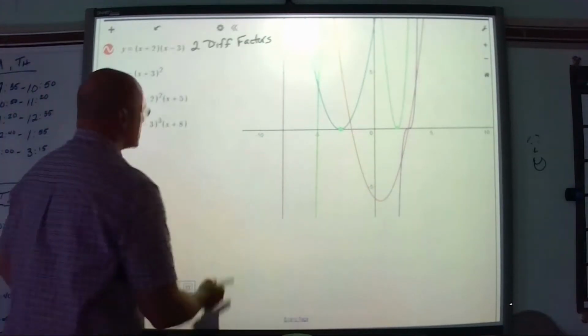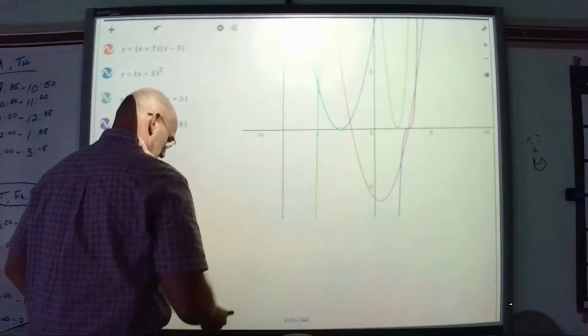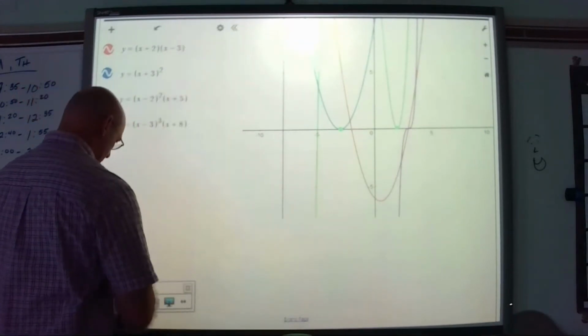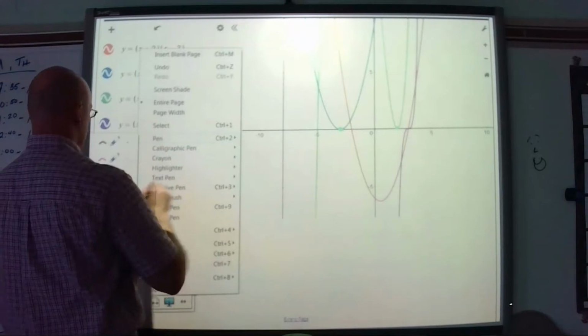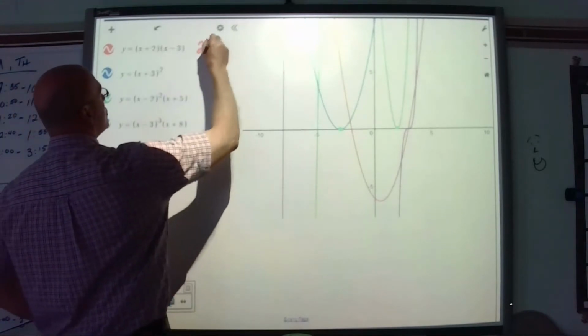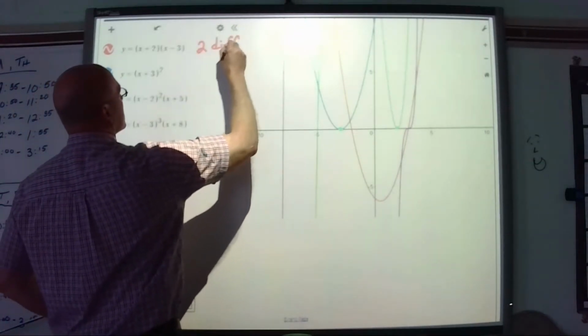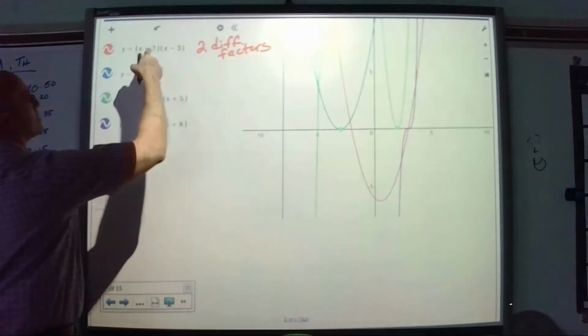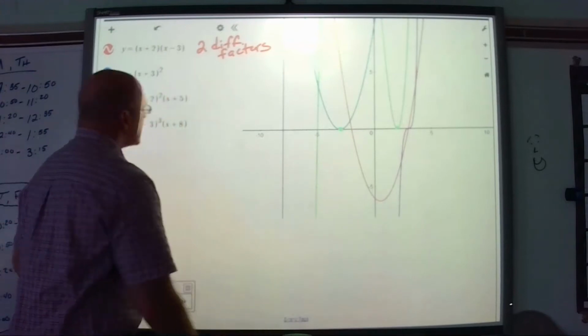Actually, let's do it in matching colors. So here I have 2. That's not red anymore. I forgot I don't have a red one. That's okay. We do now. This is 2 different factors. Now I want you to look at that.